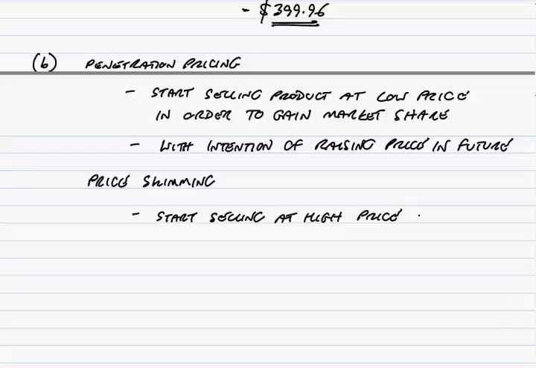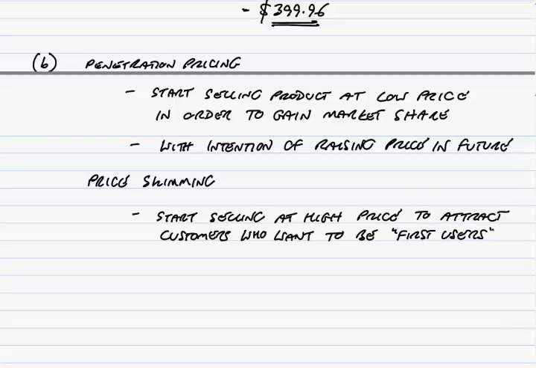If it's a product people want, then rich people will be prepared to pay a high price to be the first people to have it, to attract customers who want to be the first users. However, there's only going to be a limited number of people who can afford a high price, so it's with the intention of reducing price in the future.